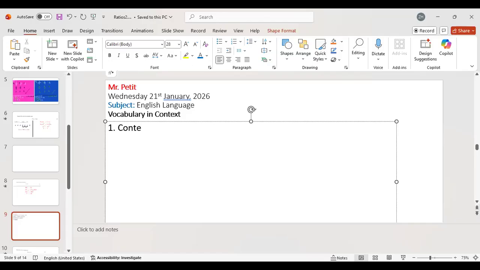No. Contentious? Contempt? No. Contentment? Contemplate. Contemplate, yes, very good.